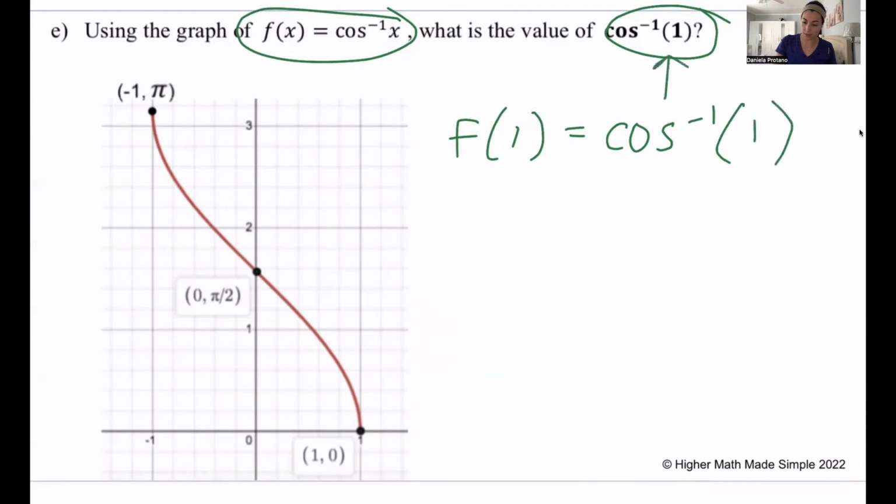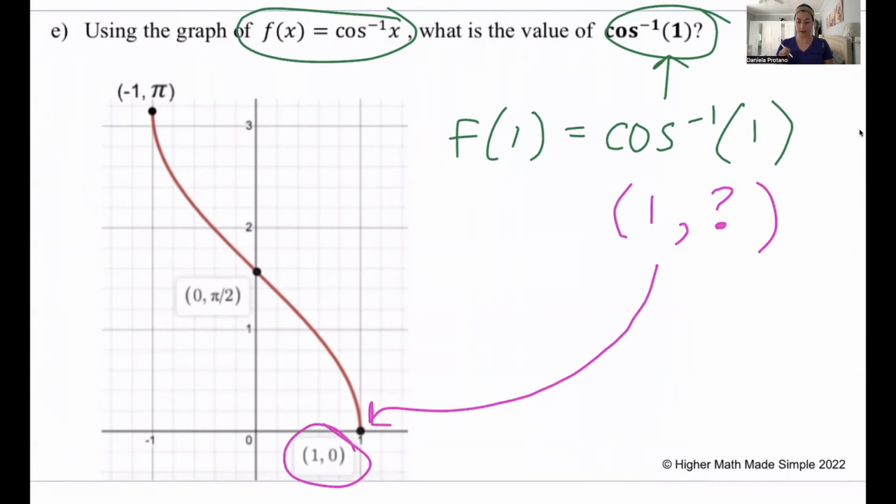And again, from Algebra 2 class, you know that when you input 1 as the x value, it's asking for the y value of that ordered pair. And if we take a look over here, we can see that this ordered pair is (1, 0). So the correct answer would be 0.